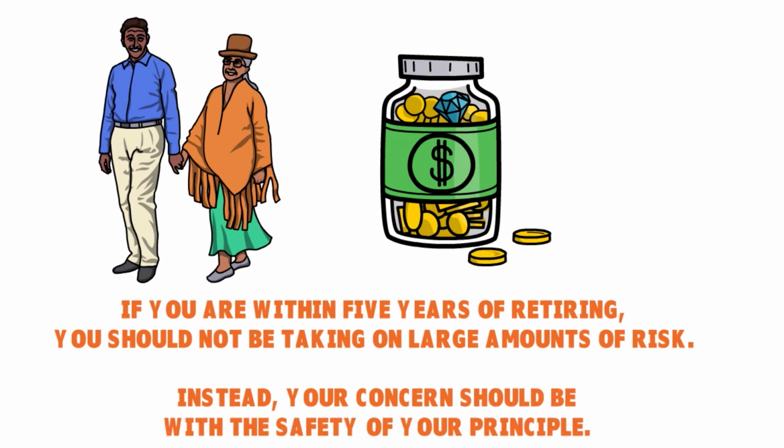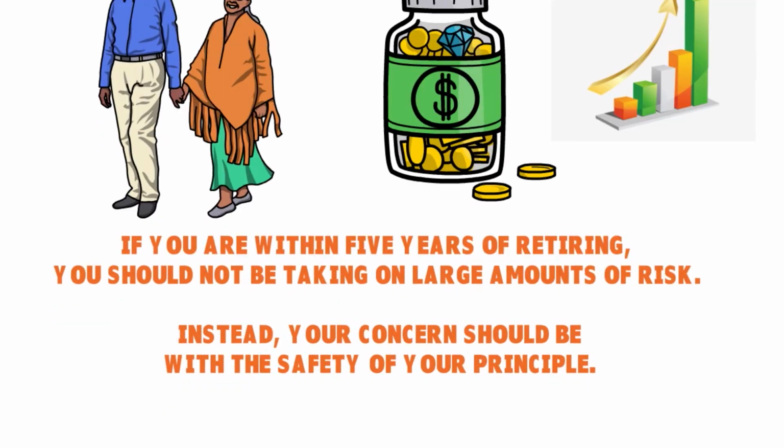Instead, your concern should be with the safety of your principal. So understanding the balance between risk and return on your investments can help you build an investment strategy for your retirement assets that you can live with and benefit from.